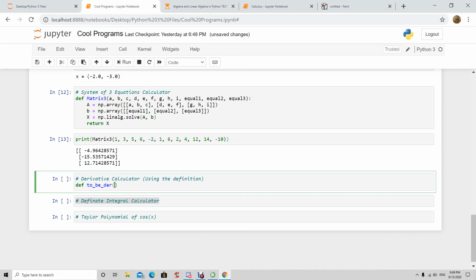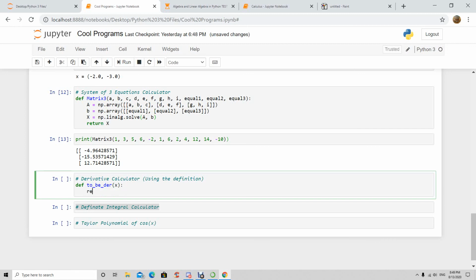In this case, to be taken the derivative of, and basically we'll just have this in terms of x, right? And we'll return x squared. We'll just call this g of x because it's more simple, right? We'll just call it g of x, and then return x squared, okay?